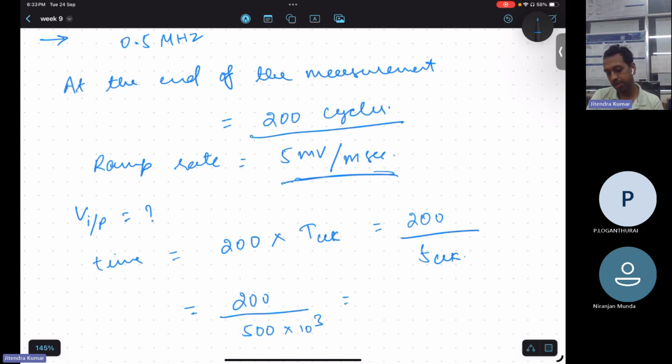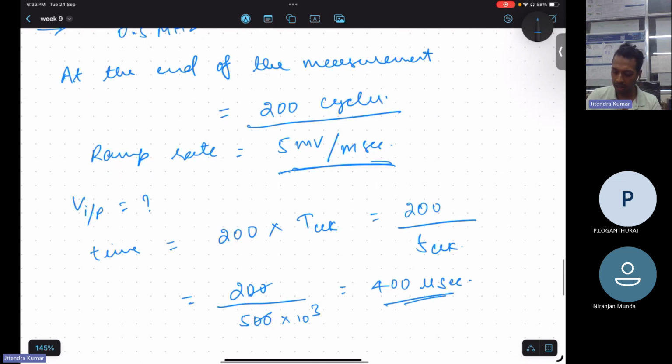So it will be 400 microsecond, or 0.4 millisecond. That much time this counter will take to measure this much voltage.